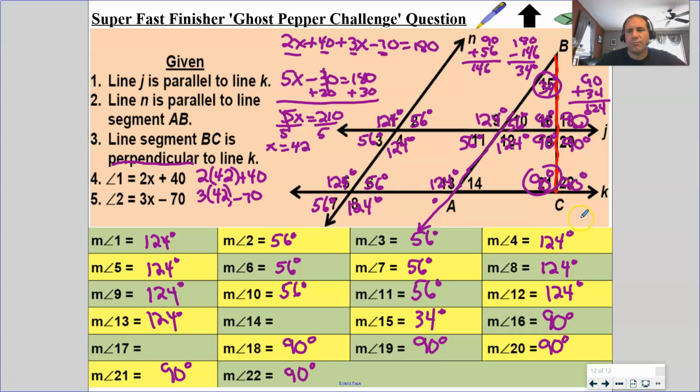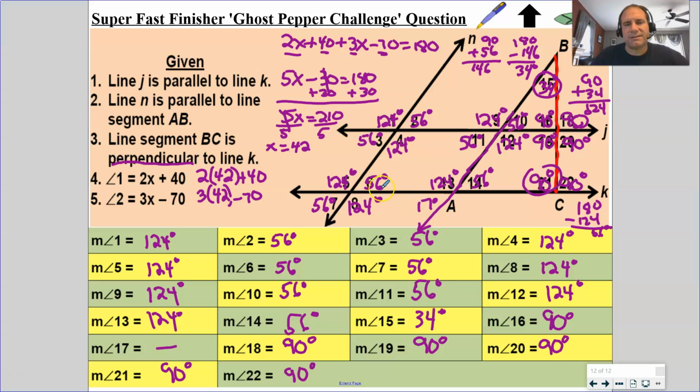And then we could do 180 minus 124, and that is 56. And so that means this is 56 degrees. Let me just put that down, 14 is 56. There is no angle 17. So don't bother looking for it. Could have been this one. How about that? All right.